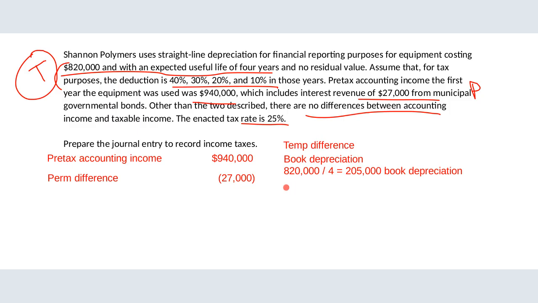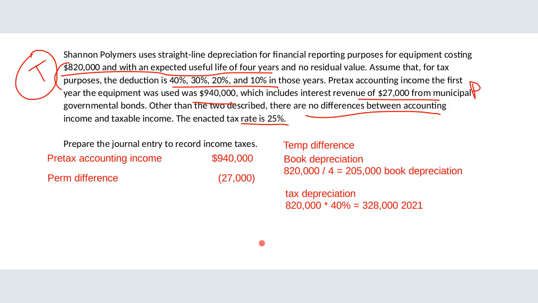And then for tax depreciation, we have 820,000 multiplied by 40%. So 820 multiplied by 40%, we get 328,000 in 2021. This is our tax depreciation.